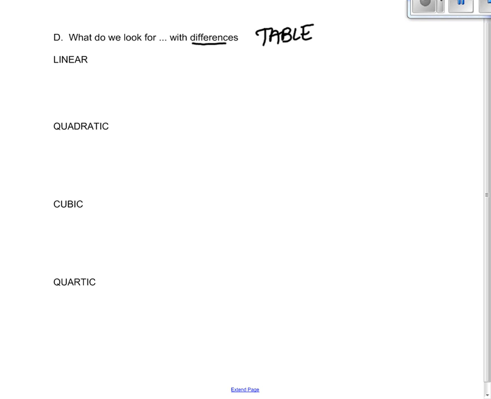So for a linear function, you know that the first differences are equal. And the first differences are m, the slope.